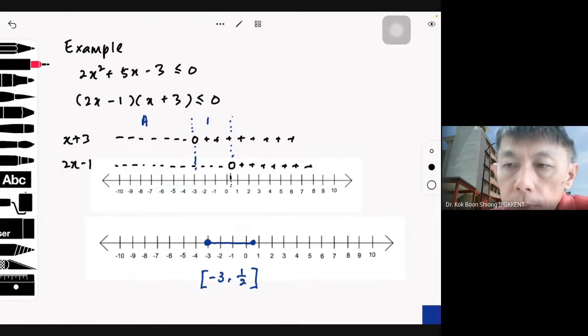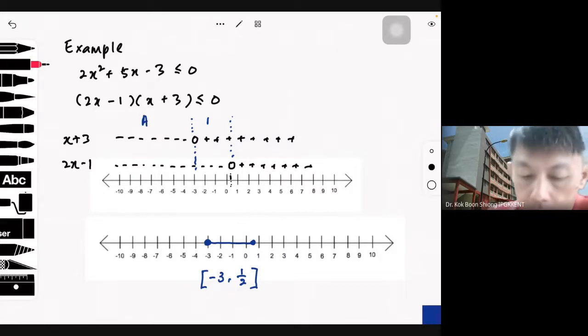Can you get the answer? Can we move on to the third method?